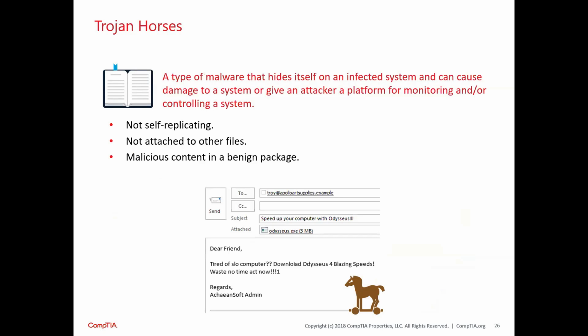And this thing, Trojan horses, a type of malware that hides itself on the infected system and can cause damage to a system, or give the attacker a platform to monitor and control the system. Not self-replicating, not attached to other files, with malicious content in a package that looks very legitimate.